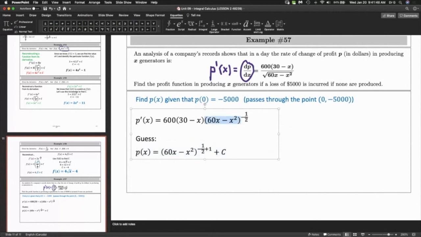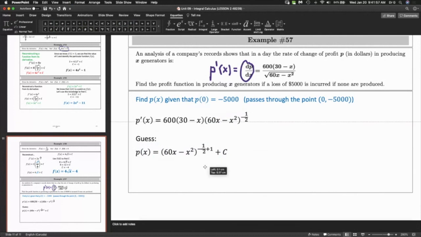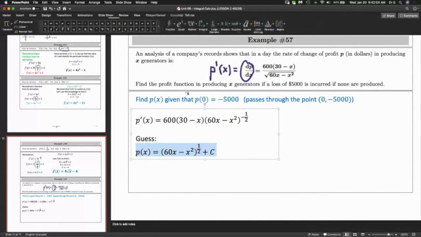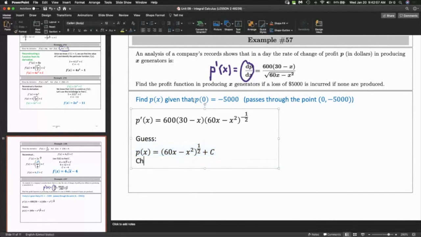We're going to take the thing here in the bracket, which is what we've been doing with guess and check all along, and we're going to add 1 to the exponent. So if you take negative a half and you add 1, then you get positive a half. So that's my guess. This is what I'm perceiving. I'll highlight this in a second. This is what I think the original function is.